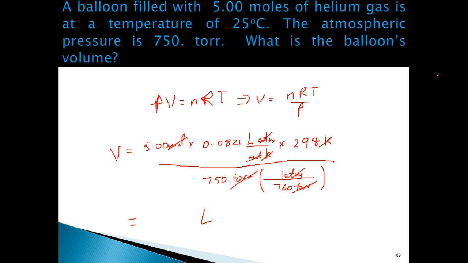Okay, the answer I got is 124 liters. I could be wrong, but that's the answer I got. All right, so that's how we do that.